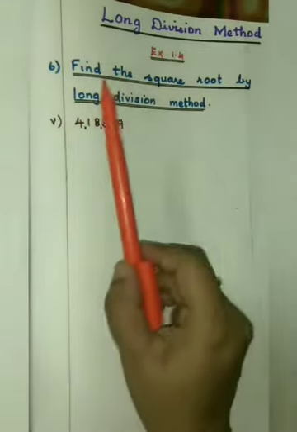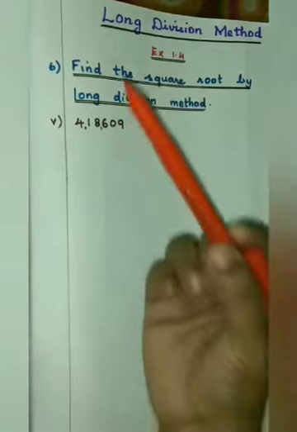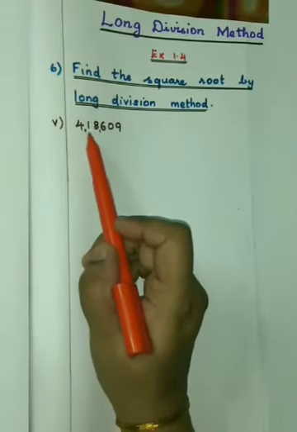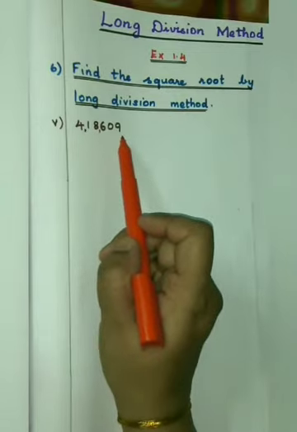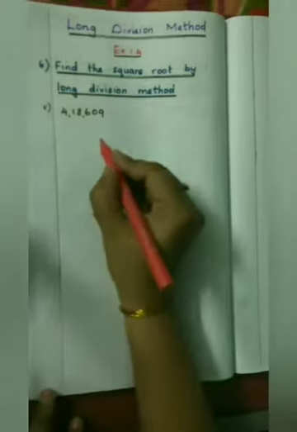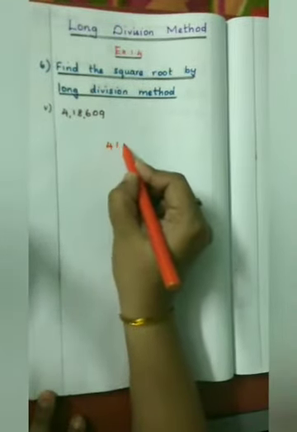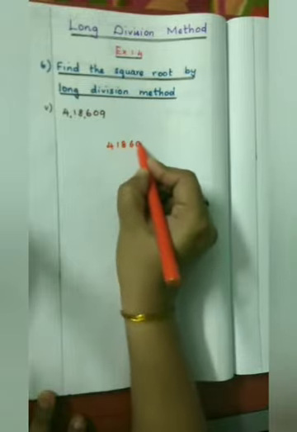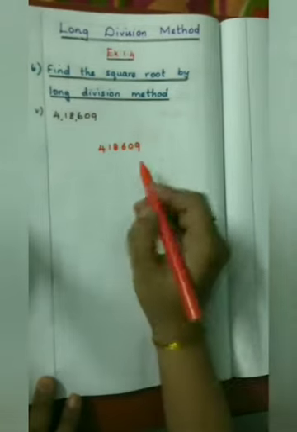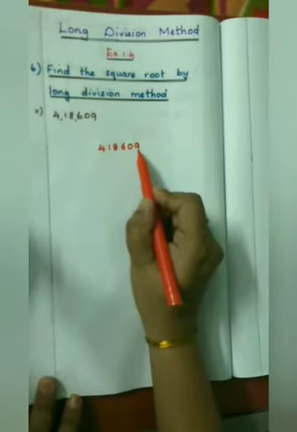Now we are going to do sixth problem in exercise 1.4. We are asked to find square root of 4,18,609. Let's see how to find. Write the number 4,18,609. Now group the digits in pairs starting from the right.